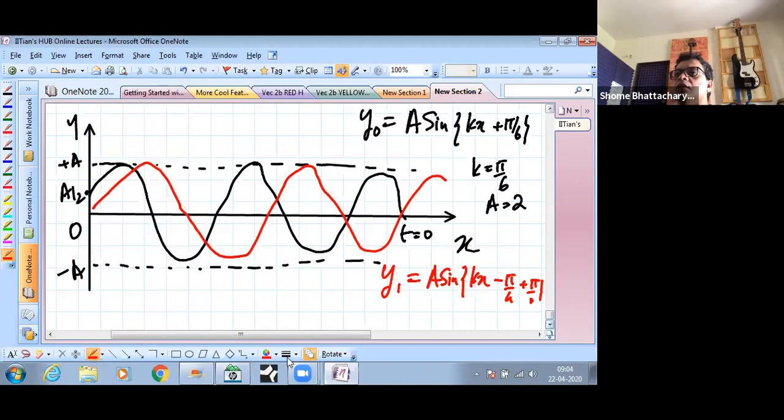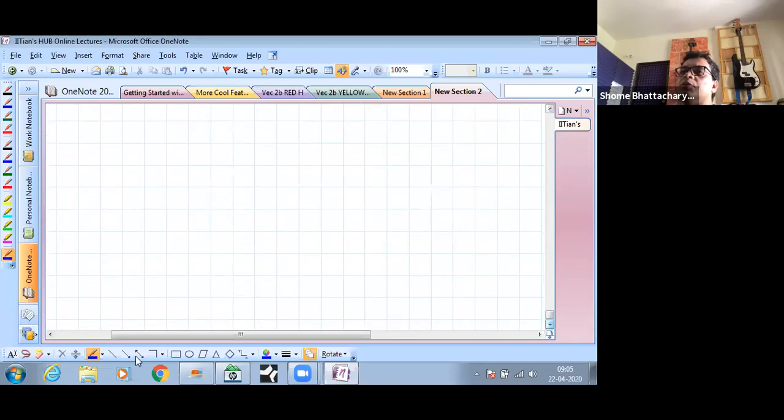Now similarly, if we take y2, this term would have become pi by 2. That means it's completely flipped. It's gone from a sine graph, sine (kx plus pi by 6), to minus cos (kx plus pi by 6). So this graph would have shifted in such a way that it would be something like this. Right, so that's how the snapshots are looking. Now let us look at these snapshots in a little bit more detail.